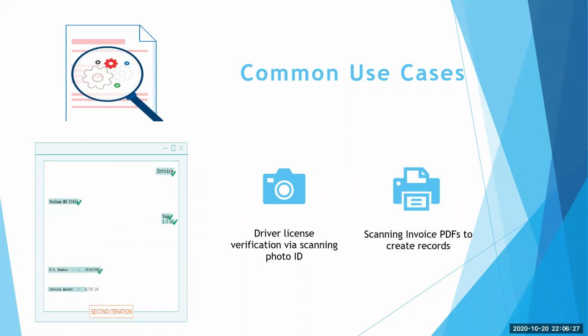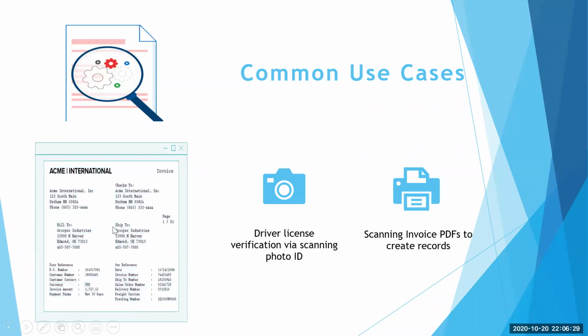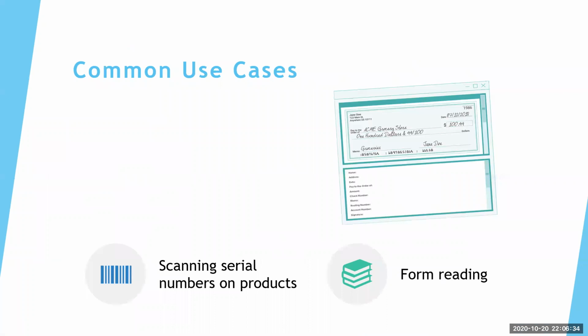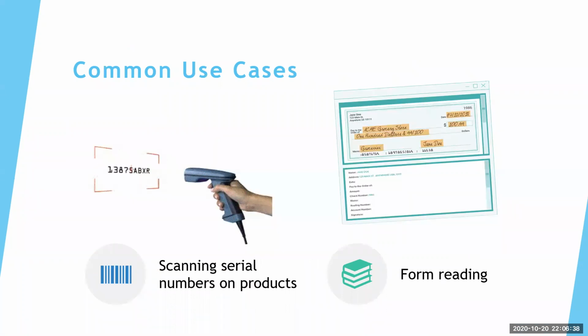Here are image examples for that, if you can just check that. The other use cases are that we can search products easily in the product catalog if we scan the serial numbers on that particular product. It is similar to a barcode, but the alphanumeric characters are scanned here instead of the code.